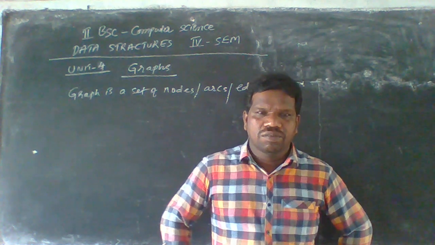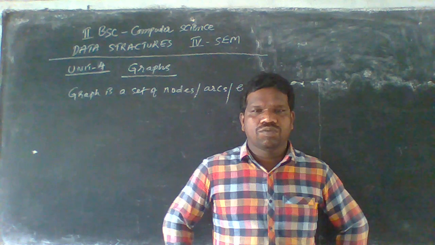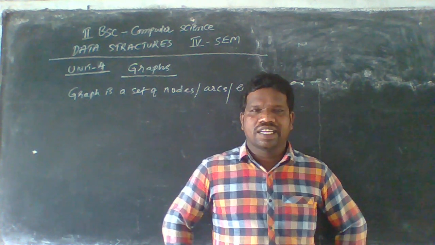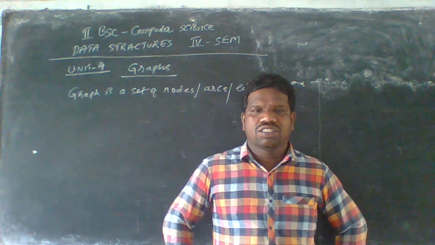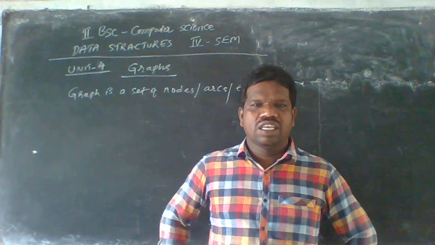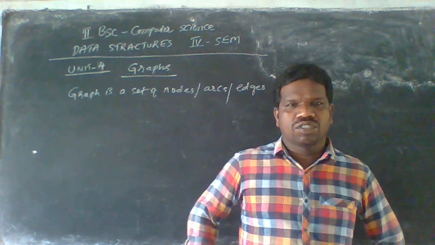A graph belongs to the non-primitive data structures, which are also known as compound data structures. Compound data structures are categorized into two types: linear data structures and non-linear data structures. Linear data structures are linked lists, arrays, stacks and queues, which follow a systematic order or consecutive memory locations.